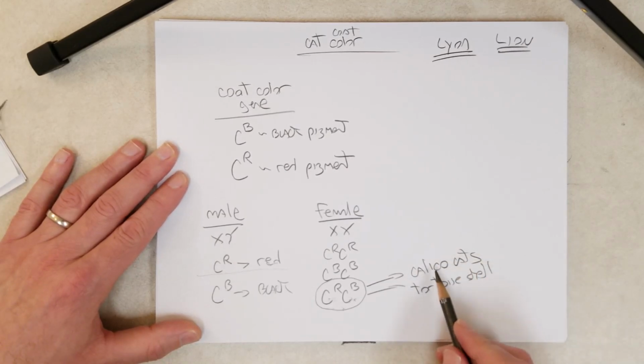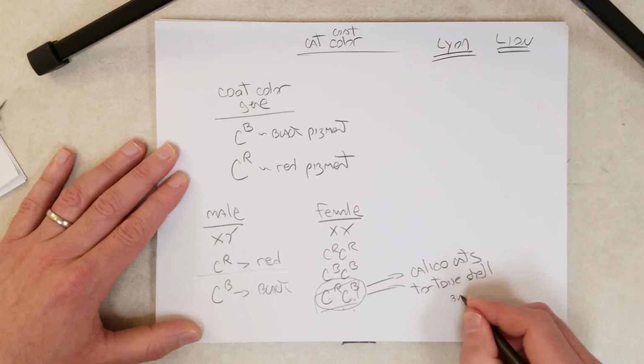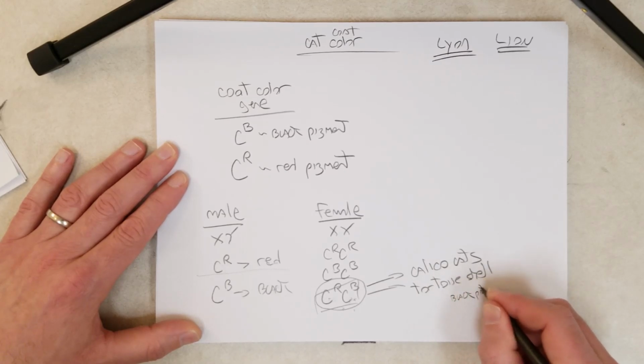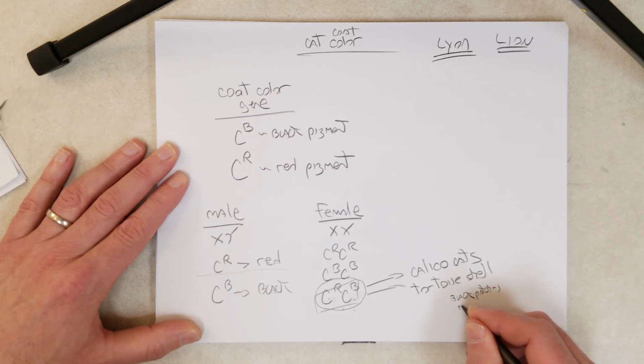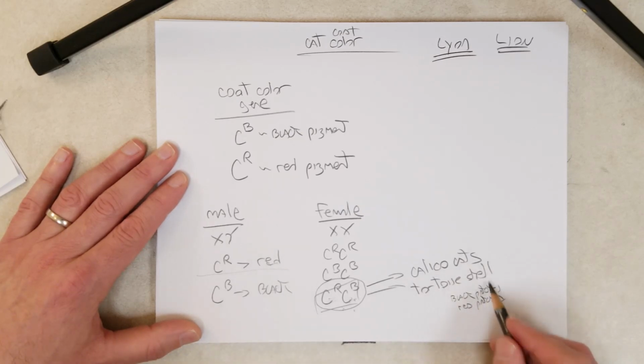And so calico cats and tortoiseshell cats have the same genotypes. Tortoiseshell cats have black patches and red patches, again, red being orange. I'm writing kind of small here because I want to indicate that the patches are really small, so small that you wouldn't really consider them patches.